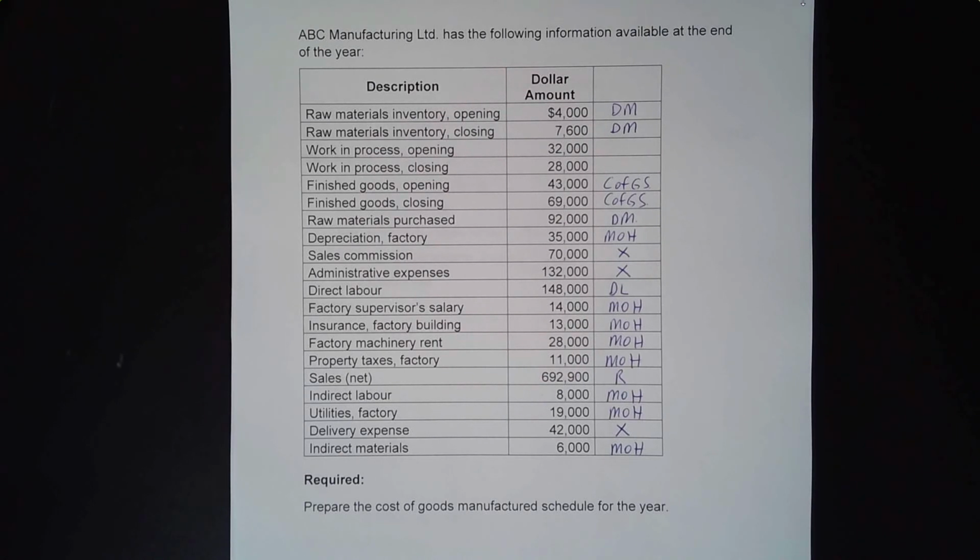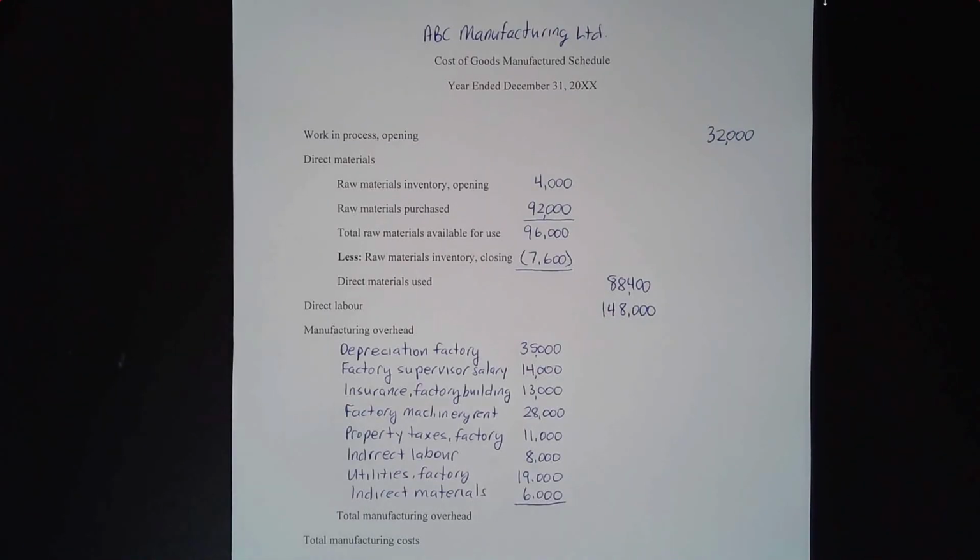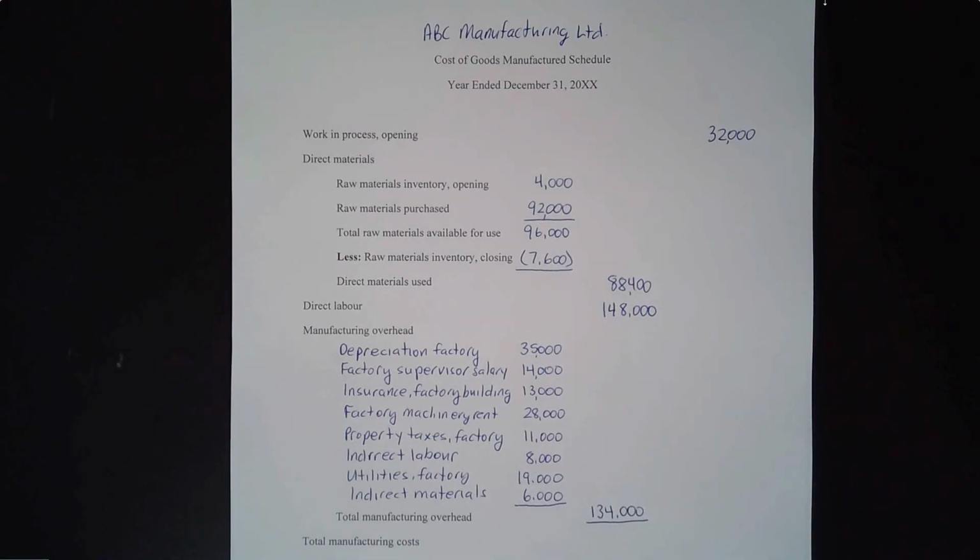Property taxes factory, $11,000. Indirect labor, $8,000. Utilities factory, $19,000. And indirect materials, $6,000. Added together, total manufacturing overhead is equal to $134,000.